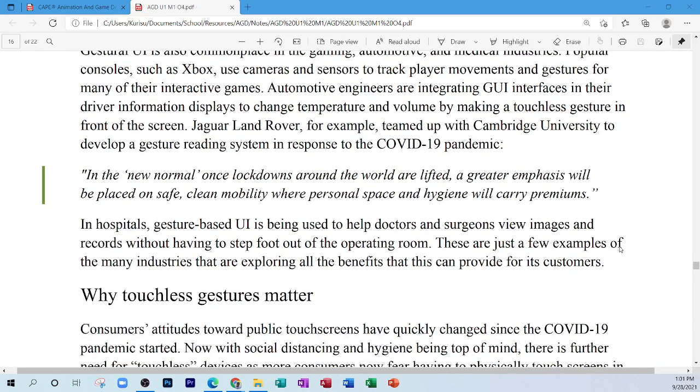In hospitals, gesture based UI is being used to help doctors and surgeons view images and records without having to step foot out of the operating room. These are just a few of the many industries that are exploring all the benefits that this can provide for its customers. Good. Any questions, comments?